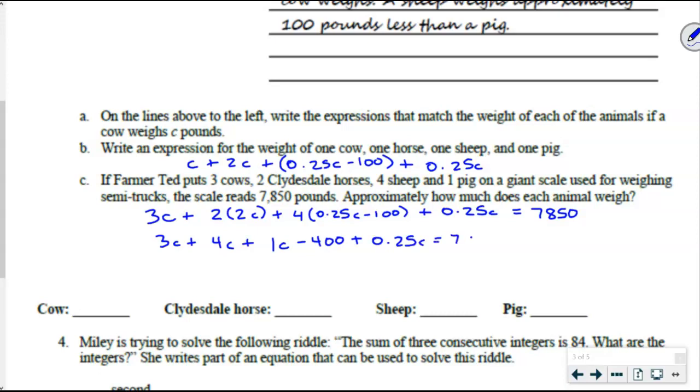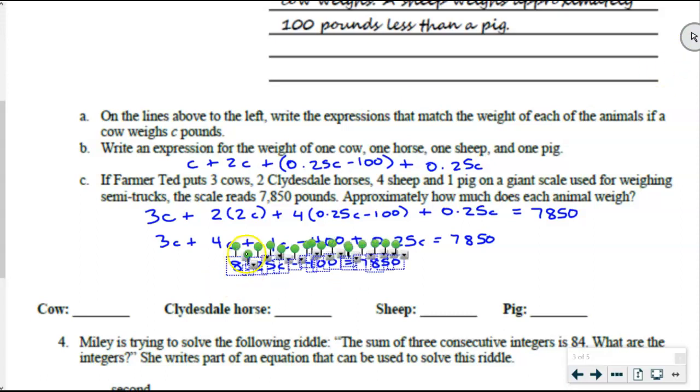All of that equals 7,850. That's just one step in simplifying this portion of the equation. Now we got to simplify the rest. 3c plus 4c plus 1 more c plus 0.25c. I hope you all agree that we have 8.25c minus 400 is equal to 7,850.